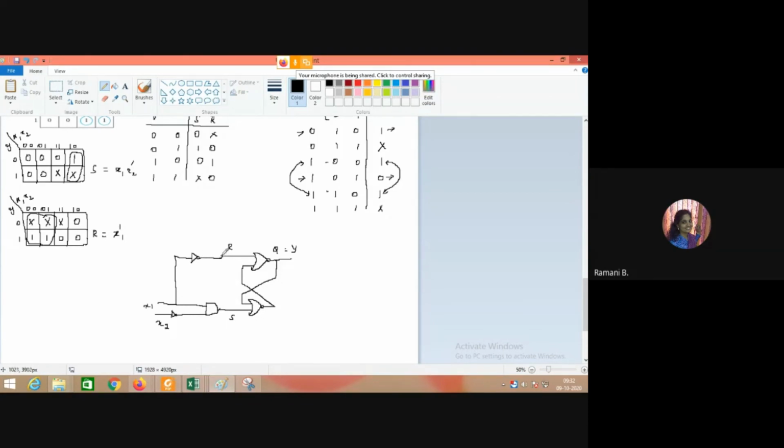So this is how we give the logic diagram using the SR latch, using NOR gates.